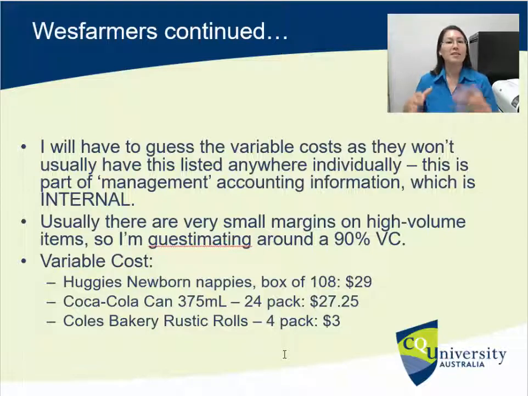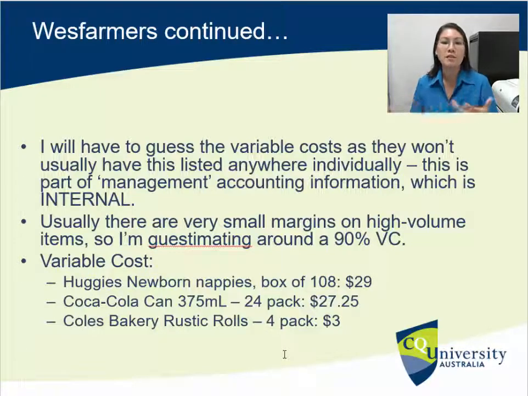So again, use the best product that you feel you can show off your knowledge. Don't get too hung up again about getting this right. If you can't find a cost, and again, companies usually won't be forthcoming with this sort of information because it's considered part of internal accounting or management accounting, which is basically for people working within the company who are privy to confidential or more confidential information, then just guesstimate it.